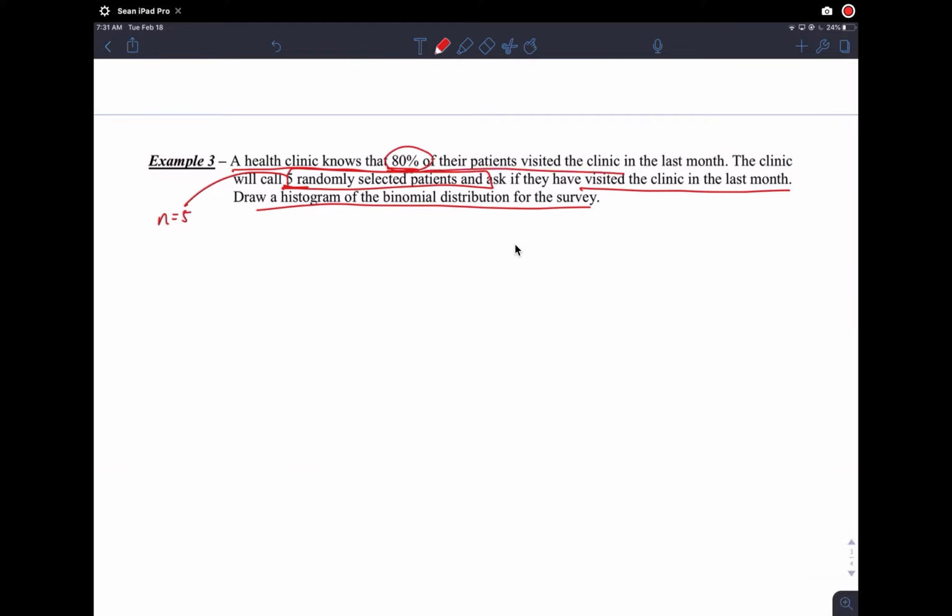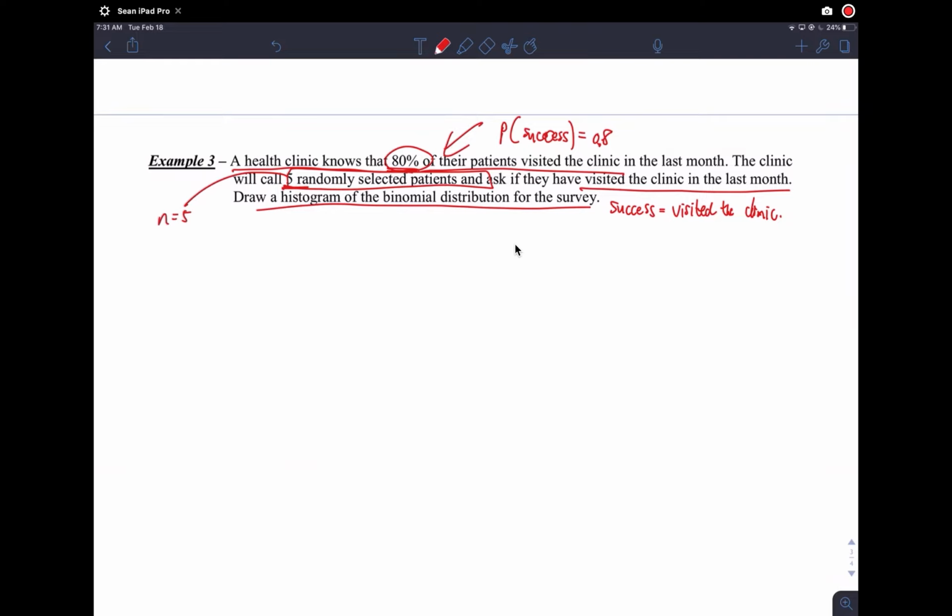So we will call it a success if someone has visited the clinic. All right, that's a success. Okay, and then, according to the hospital records, the probability of success is 80% or 0.8. Okay, that's the chance that you visited the clinic in the last month.